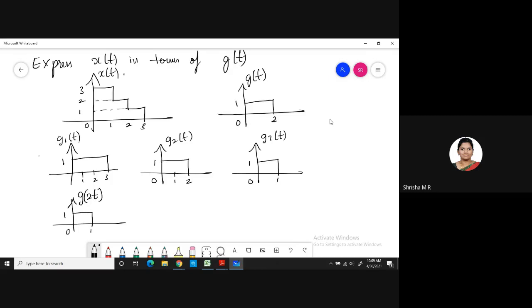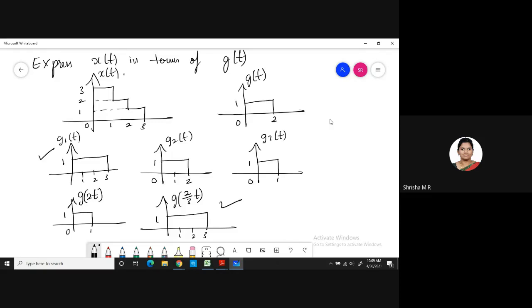Now I want g1 of t. How to get g1 of t from this? I'll scale by expanding, 2 by 3. So I have g of 2 by 3t. So my signal now will exist from 0 to 3, 1, 2, 3, with an amplitude 1. This is my first one, g1 of t.